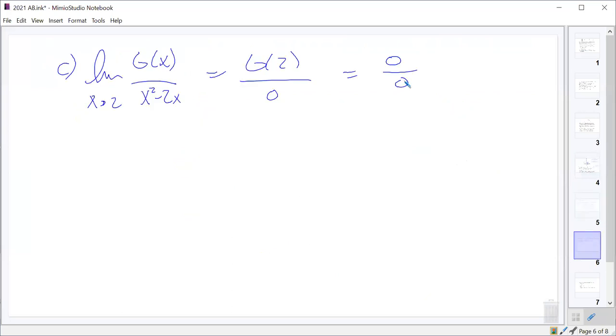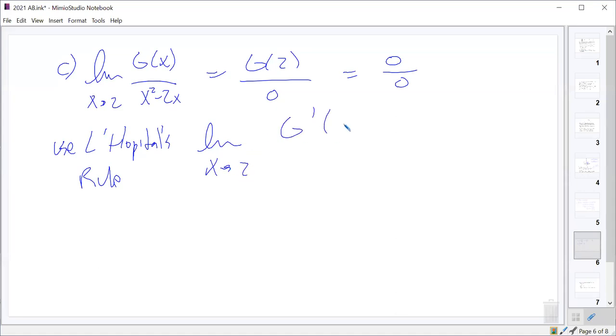So we have 0 over 0, which means since this is the AP test right now, we're going to use L'Hopital's rule, and we're going to write out using L'Hopital's rule because that's what they want you to do on the AP test. They state that you're using it. This becomes the limit as x approaches 2 of g prime over 2x minus 2, which ought to be g prime of 2, which we'll figure out in a second, over 2.